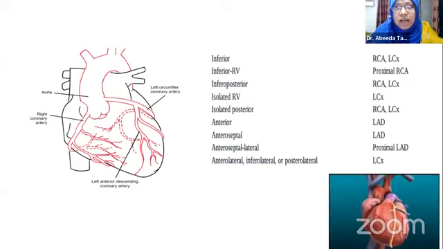As in the slide, if there is involvement of the inferior wall, we think it is most probably RCA or LCX, and depending on other involvements such as RV or inferior posterior, we localize. And in cases of anterior wall myocardial infarction, we always think about LAD.